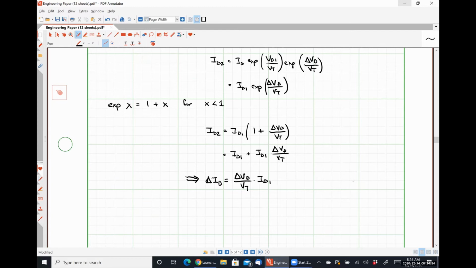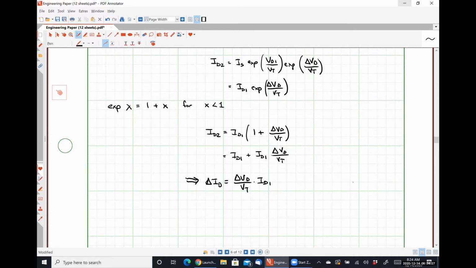So we are going to define RD as our dynamic resistance. It's called the dynamic resistance because it changes based on where we are on our exponential curve.